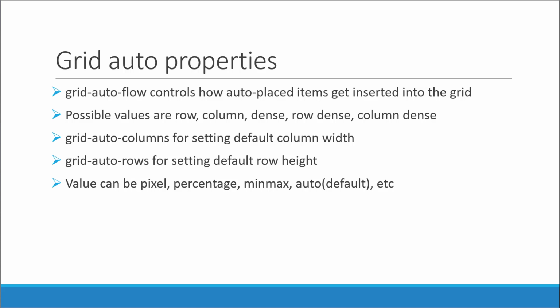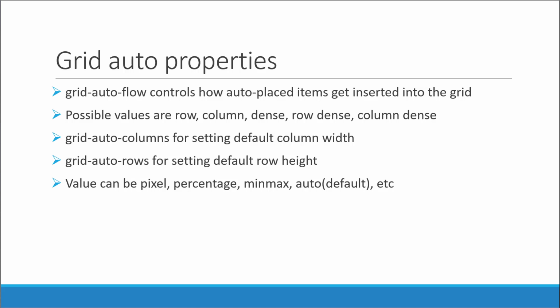You then have grid auto columns for setting the default column width and grid auto rows for setting the default row height. The value can be in pixels, percentage, min-max, etc., with auto being the default value.